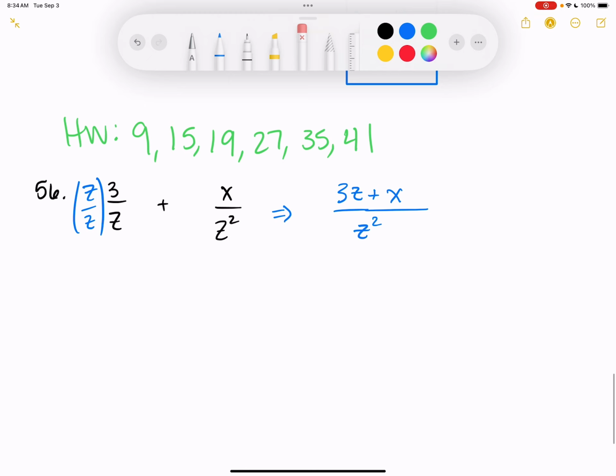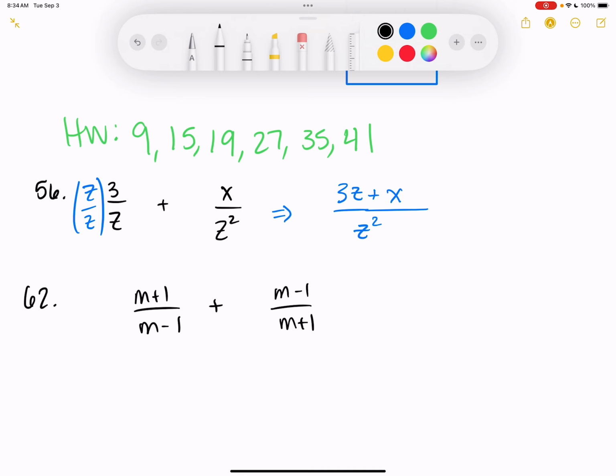The next one, 62. I've got m plus 1 over m minus 1 plus, they're flipped, m minus 1 over m plus 1. So I still don't have a common denominator here, and so that means I need to make one.